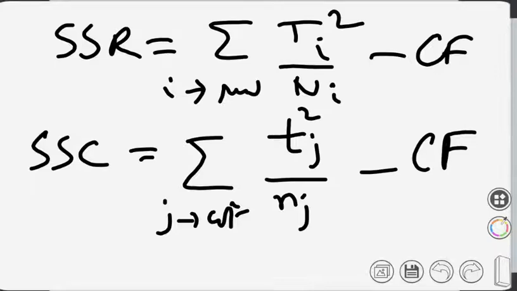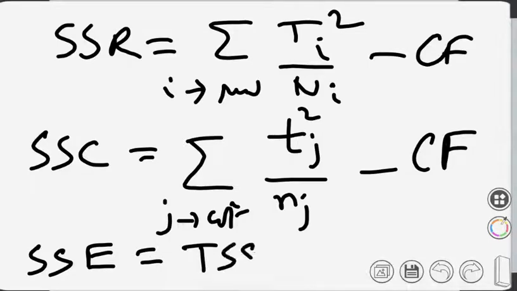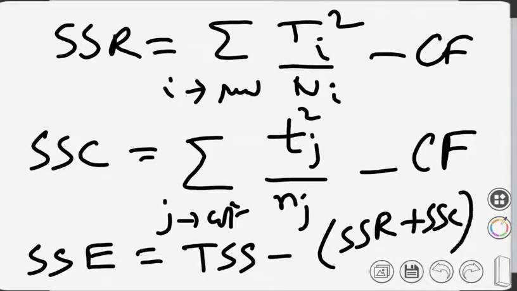And SSE is the error term. Like last time, what will it be here? It will be similar. It will be TSS minus SSR plus SSC. So whatever is left, that will be SSE.